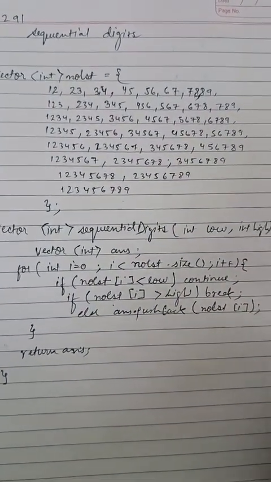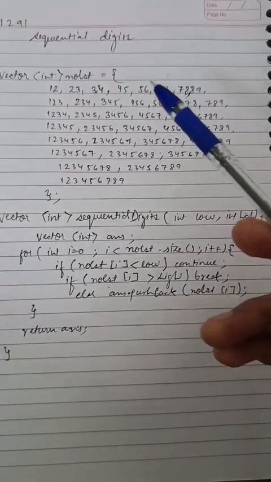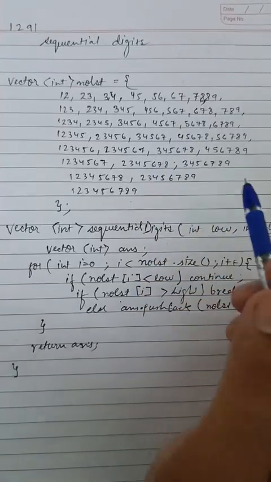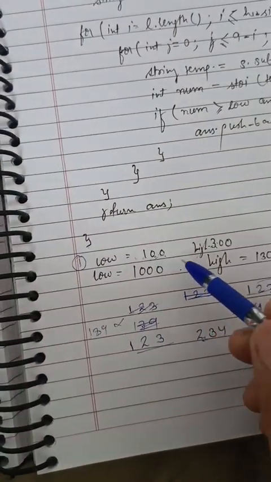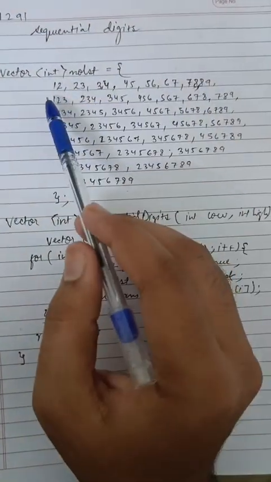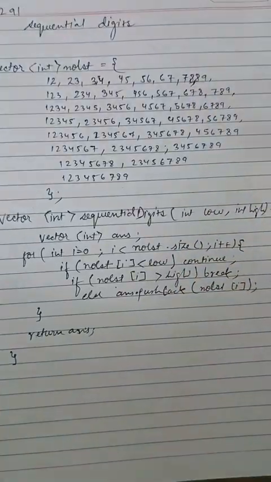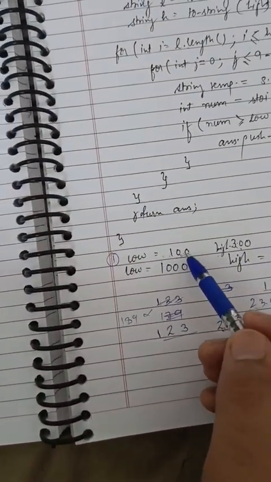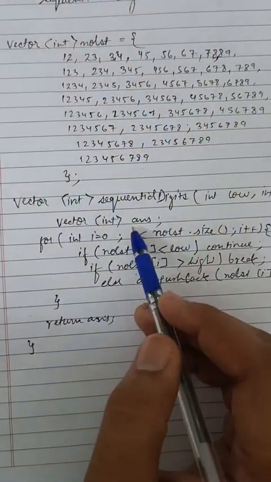Okay, so let's say low is equal to 100 and high is equal to 300. Then I will just traverse over this vector. If I find a number which qualifies between 100 to 300, I will push it into the answer.